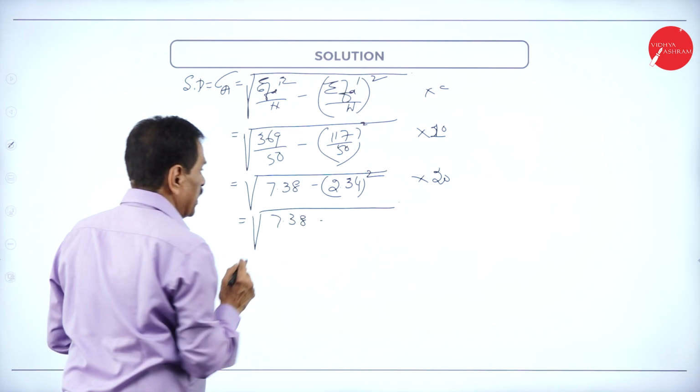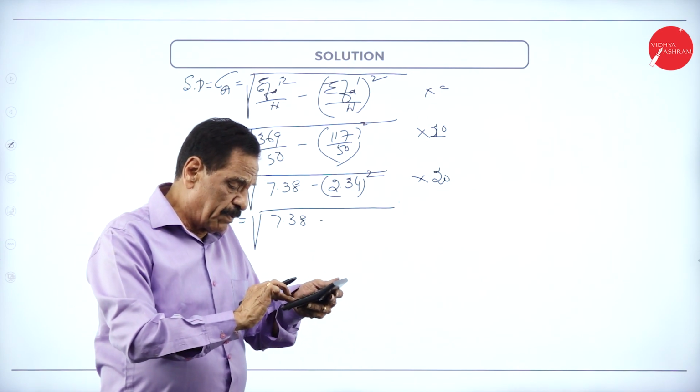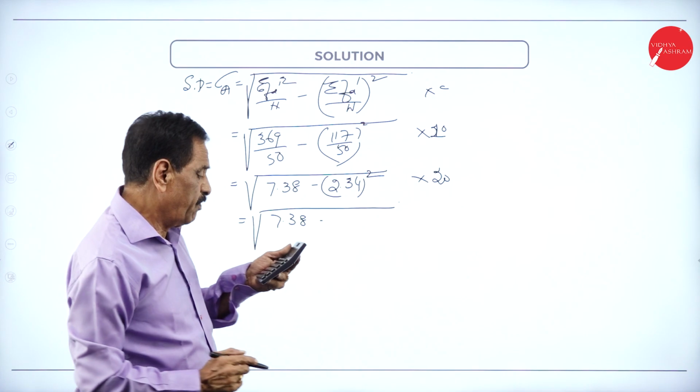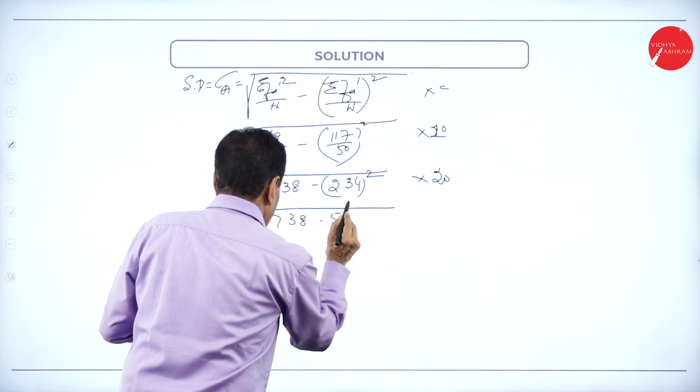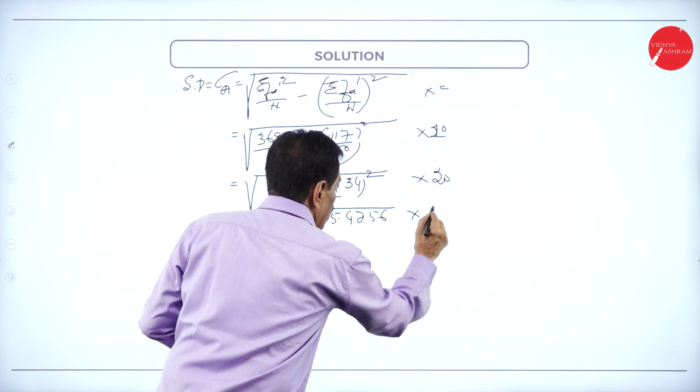This is root of 7.38 minus 2.34 square, which is 5.4756, into 20.